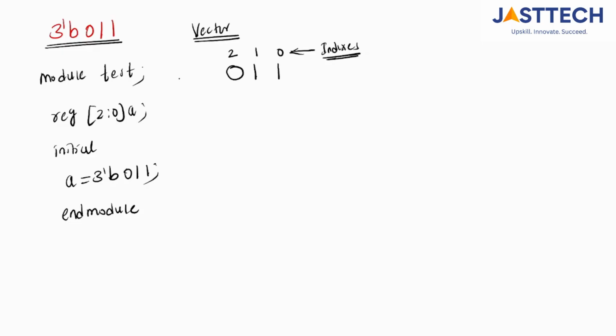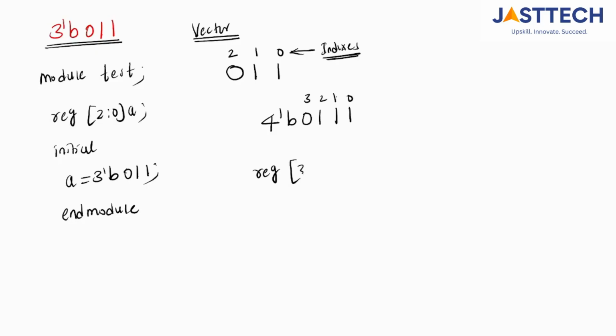Suppose you want to store four binary values. How do you write it? This is the standard representation: first reg, and it will start from what index? Let us take 4 bits: 0 1 2 3.